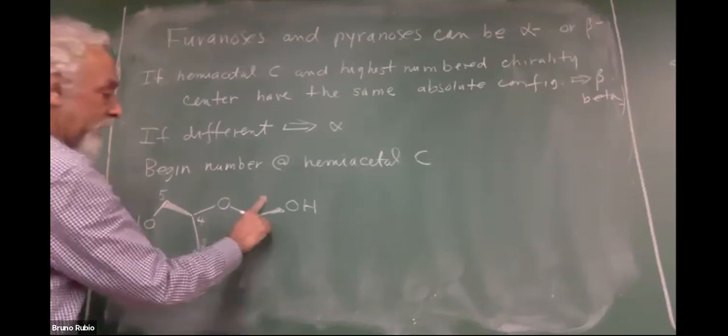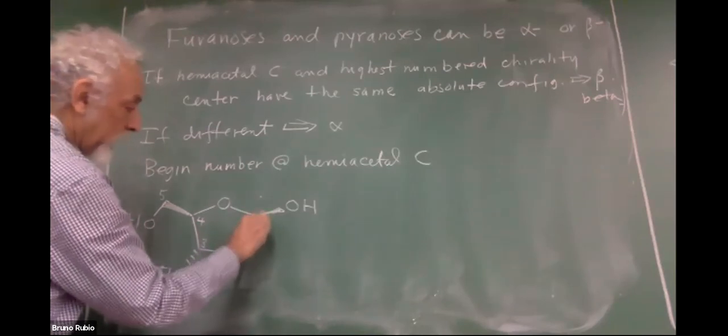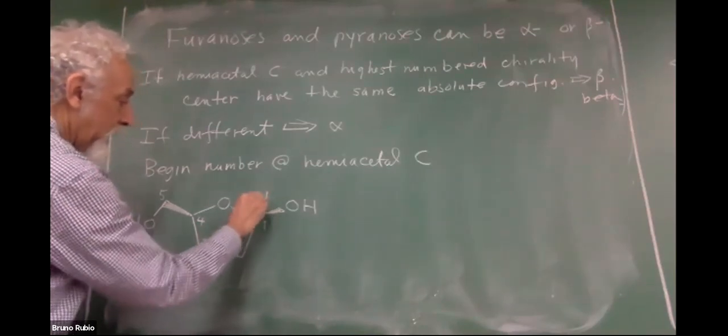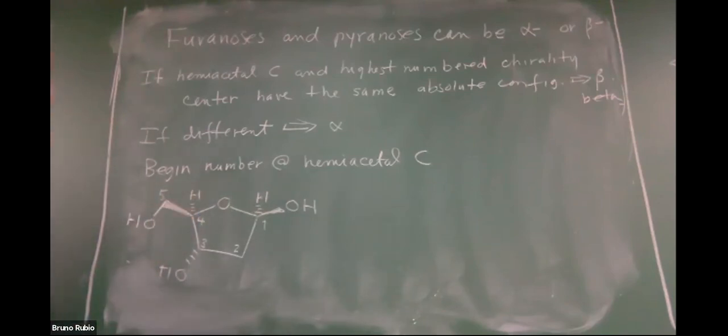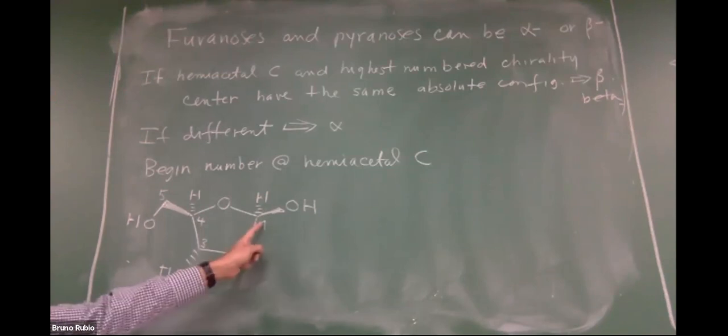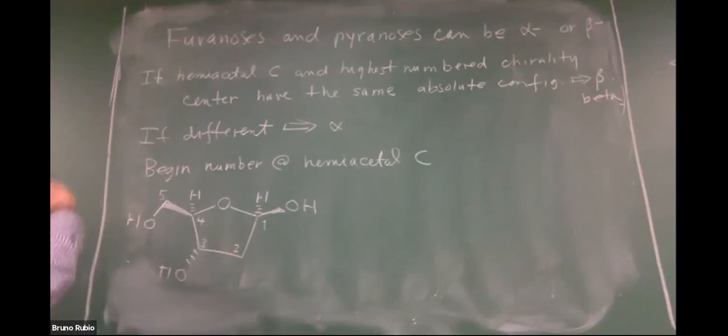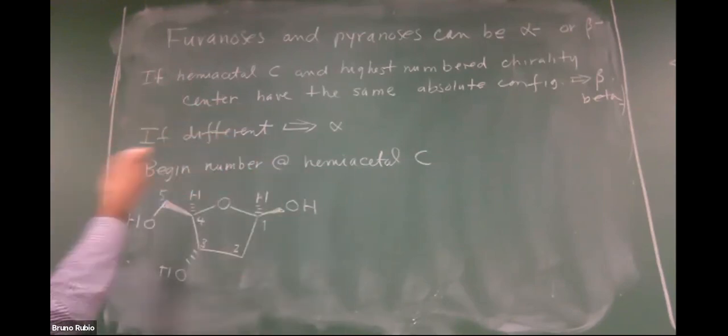So let's do that. So there's carbon 1, there's a hydrogen there. There's carbon 4, there's the highest numbered chirality center. So why don't you figure out, is this the alpha or the beta? What is the absolute configuration at carbon 1? 1, 2, 3, hydrogen in the back.